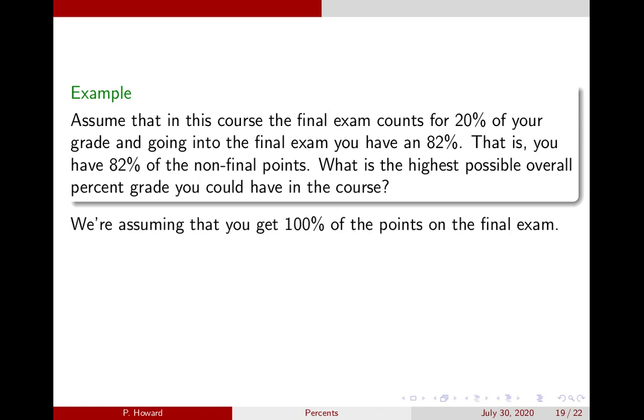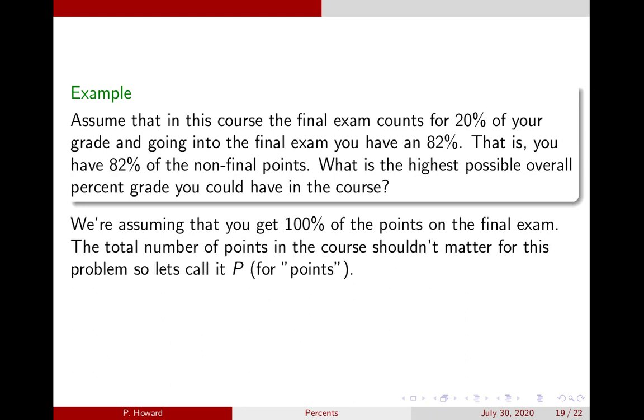So we're assuming that you get 100% of the points on the final. This would give you your highest possible grade. Here again, the total number of points available in the course shouldn't matter for this problem. It's purely about percents.